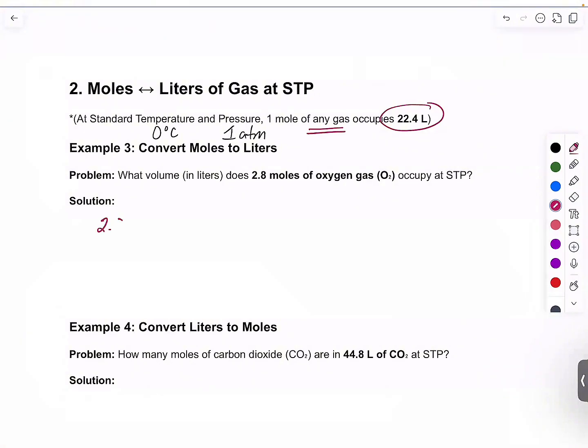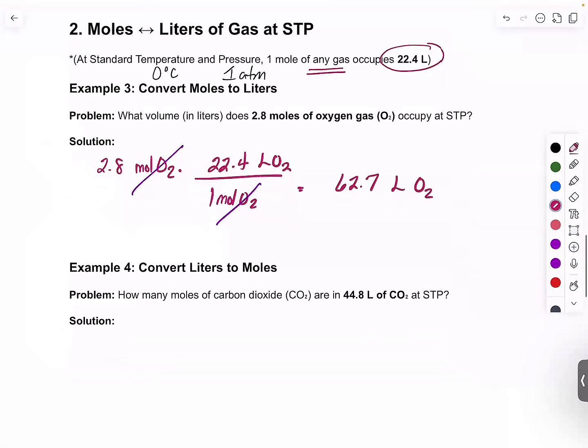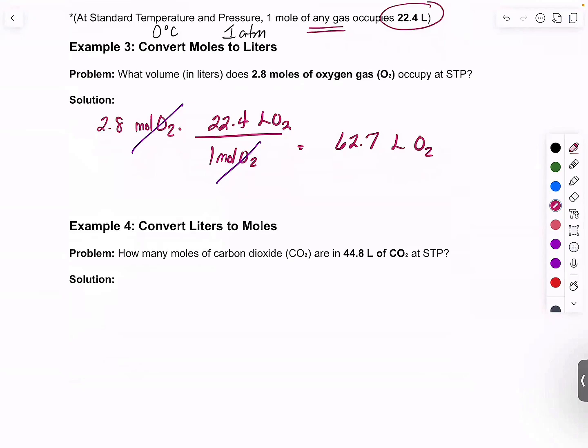So when we take 2.8 moles O2, and I know 1 mole of O2 or any gas, we're basically taking 2.8 times 22.4. There we go, 62.7. Again, I'm not really attending to significant figures, and that's okay. We're trying to follow the math and the structure of everything that we're doing.